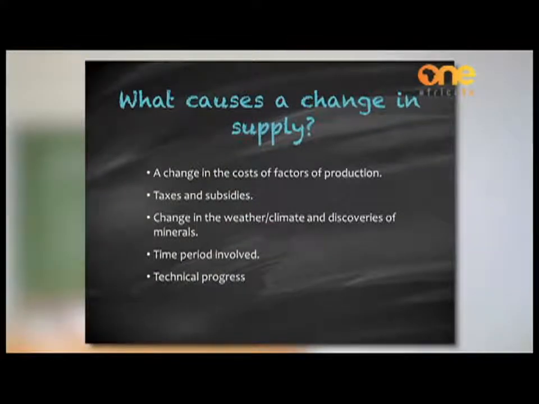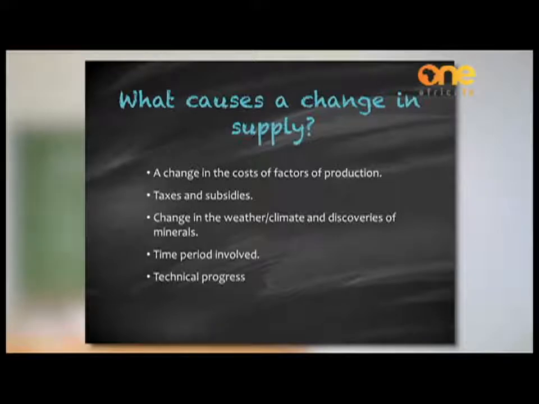We also look at the weather. The weather can influence that we don't supply as much, or we can't supply as much as we have supplied in the past. Then there are new discoveries of new minerals or new products that can cause that the consumer doesn't demand the other product anymore, but they now demand the new product, the new discovery that is more environmentally friendly, for example, like solar power.